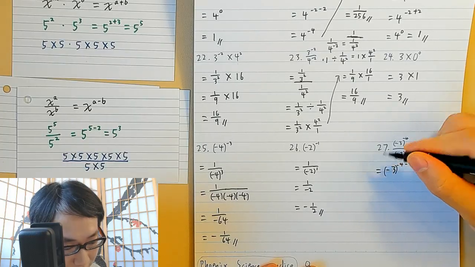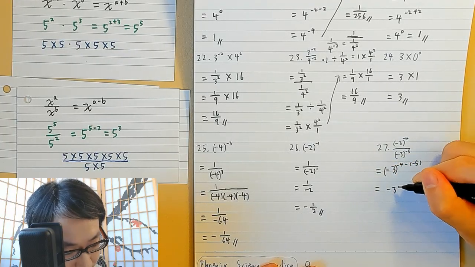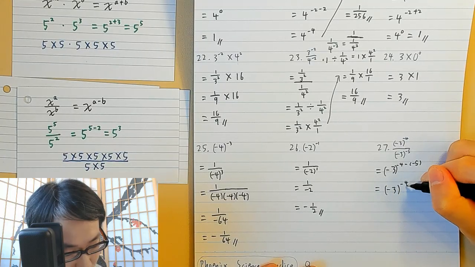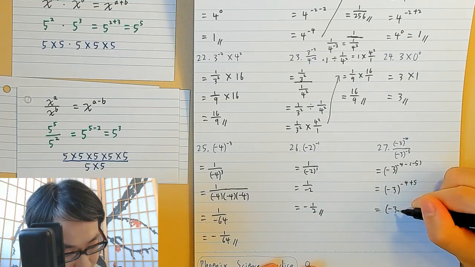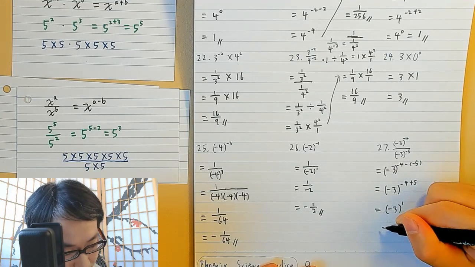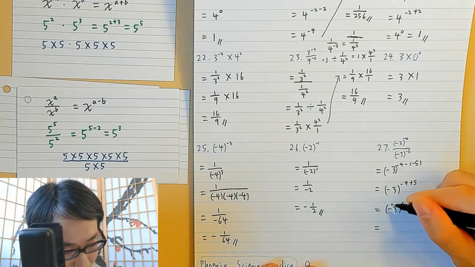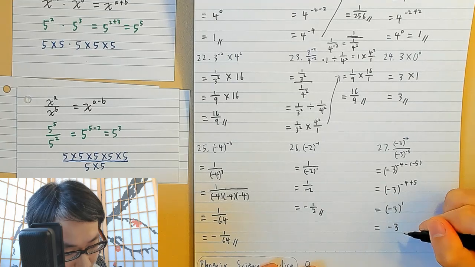So it equals -3 to the power of -4 plus 5. -4 plus 5 is +1. So the answer is -3 to the power of 1.